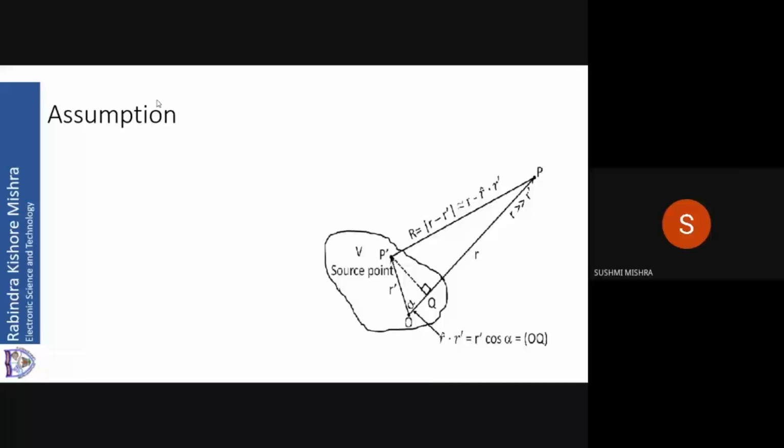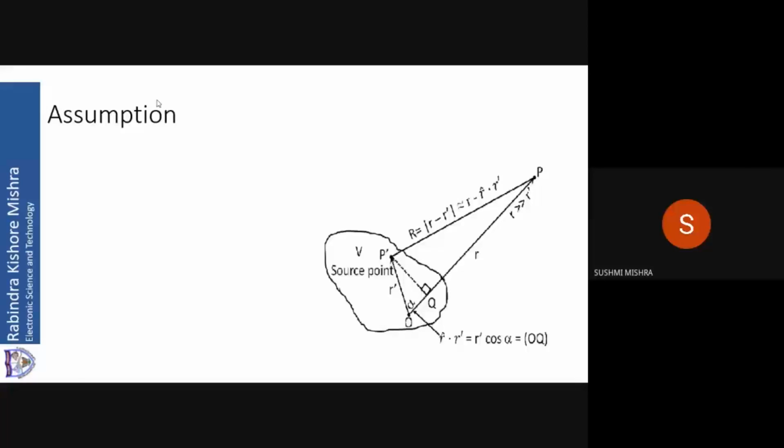Then the dot product r cap dot r dash gives us the projection of r dash onto r. So r cap dot r dash will be equal to r dash cos alpha, where alpha is the angle between r and r dash. This we had discussed earlier also.